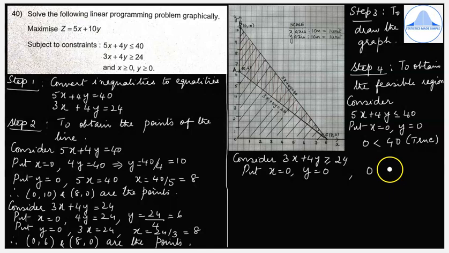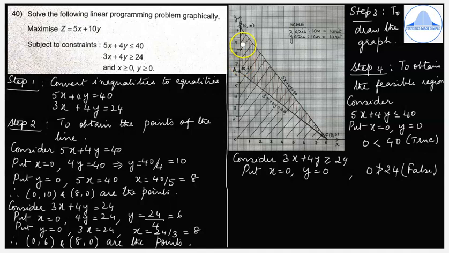On the left hand side you will get 0, and on the right hand side you have 24. 0 is not greater than 24, so you will get false. For the first inequality, we got true, so I have shaded using the black color towards the origin. For the other inequality, that is this one, we got the condition as false.